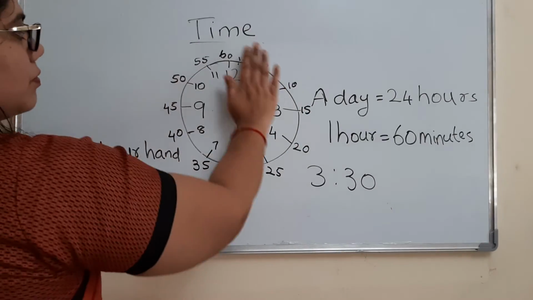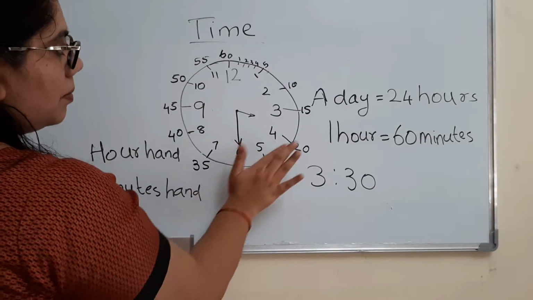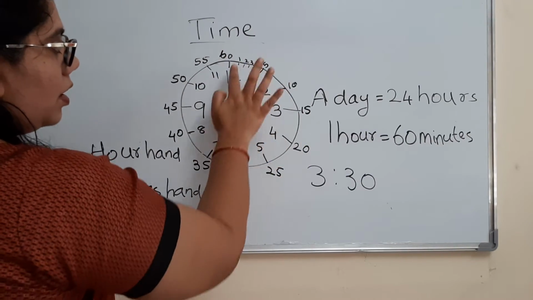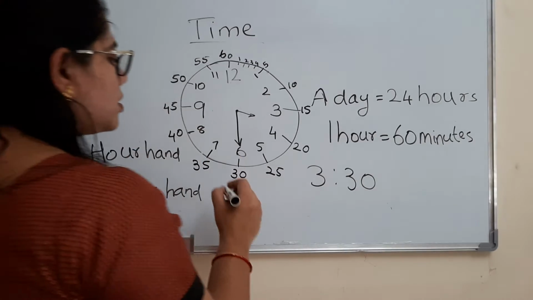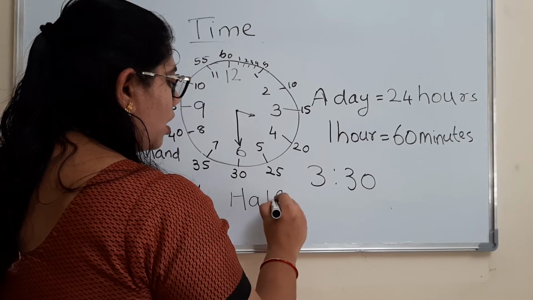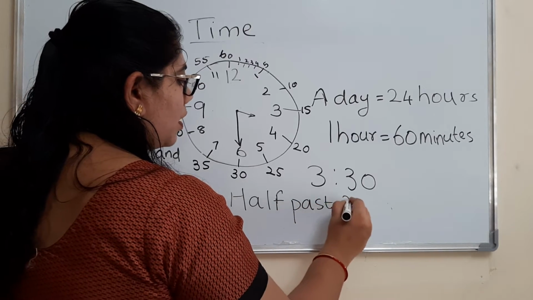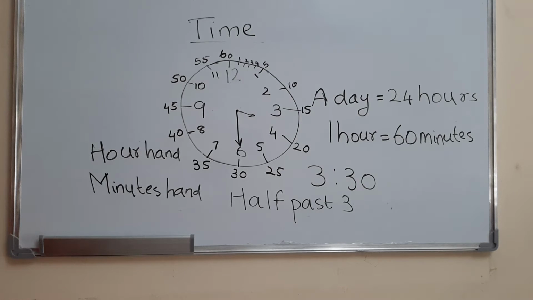If you see, this is a full circle, and this is a half circle. So it has passed half the way. So we will call it half past 3.